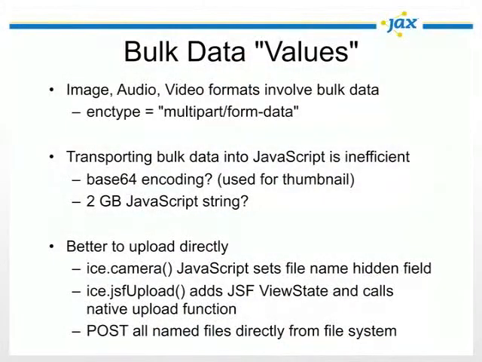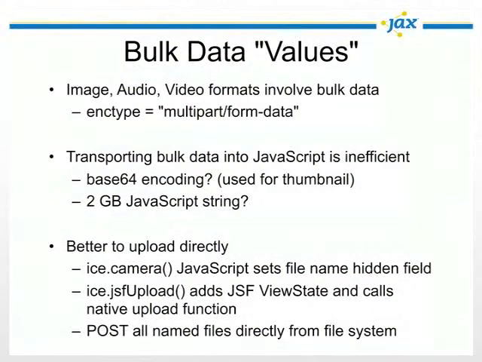So that's what the ICEfaces mobile container provides: the camera APIs, which call into the native camera functions, as well as an upload function that, with any images identified by ID, will upload those images directly from the file system, as well as the serialized form from JSF. And we'll create a post. This post is being handled by the native code, posted like a JSF Ajax request.